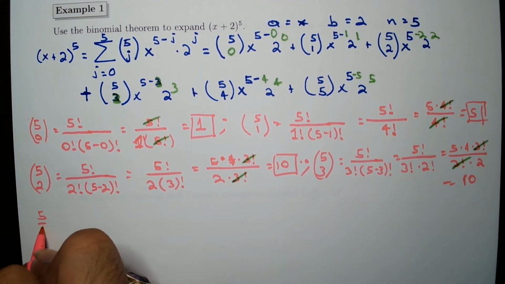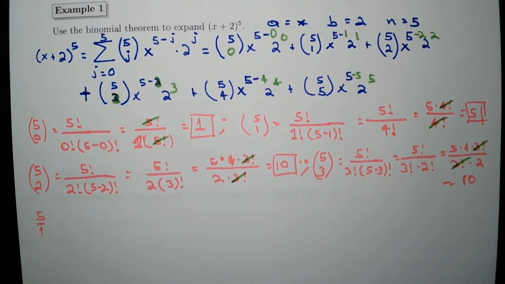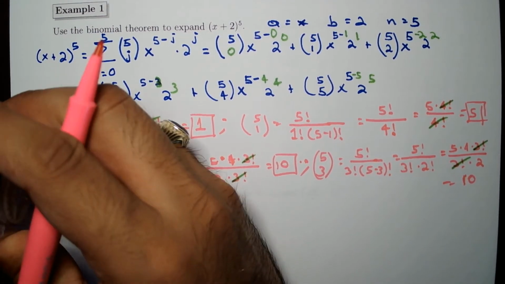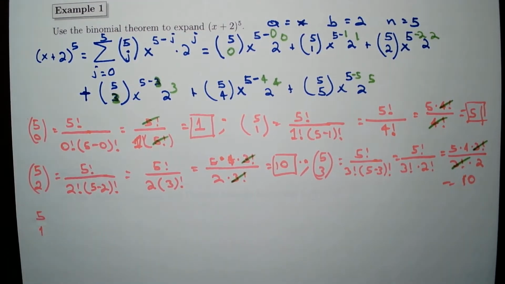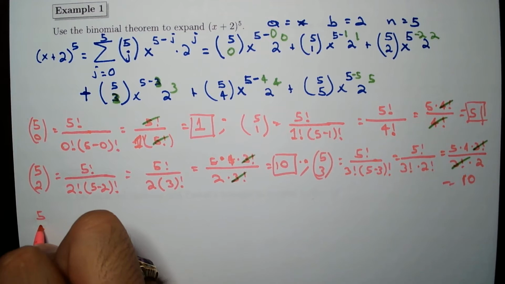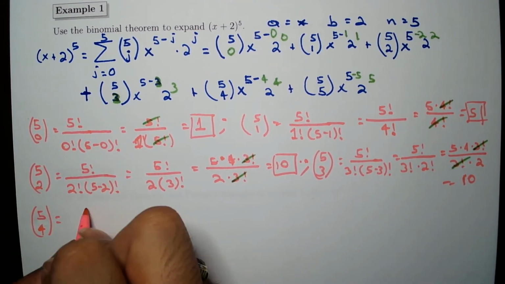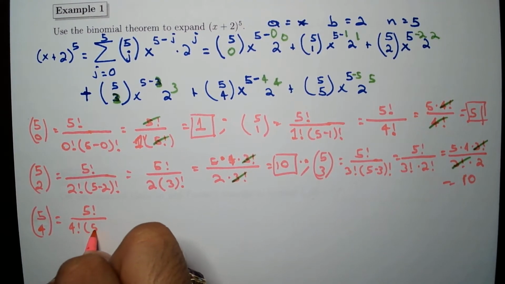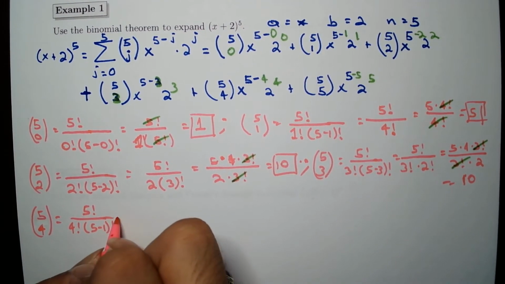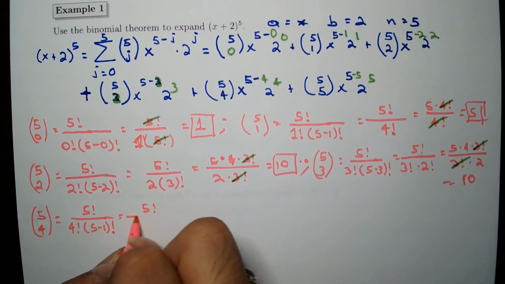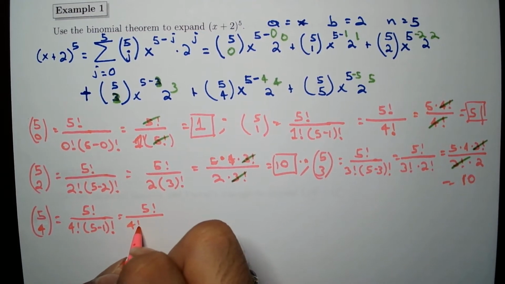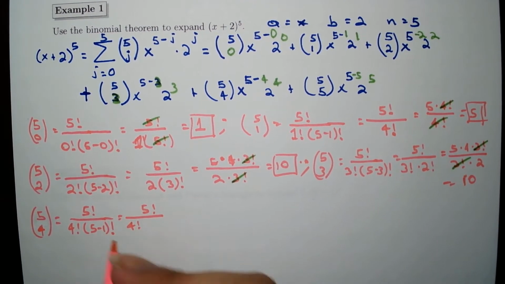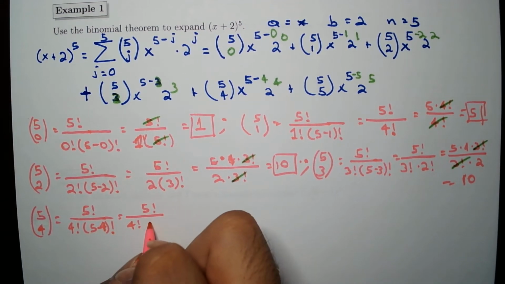5 choose 4. That's 5 factorial over 4 factorial times 5 minus 4 factorial. And 5 minus 4 is 1 factorial.